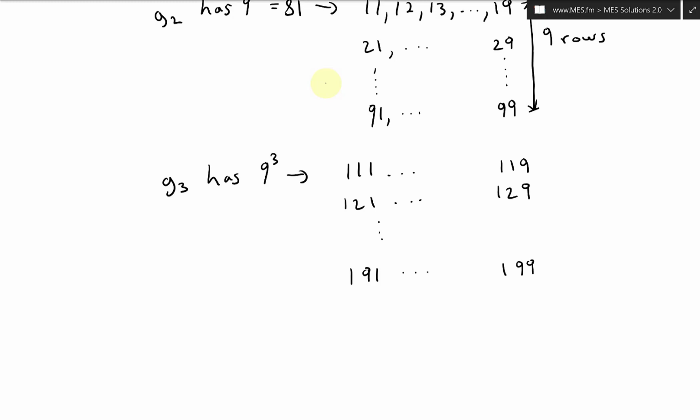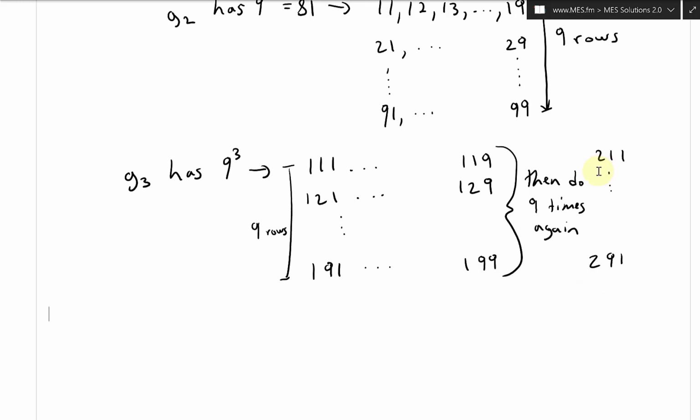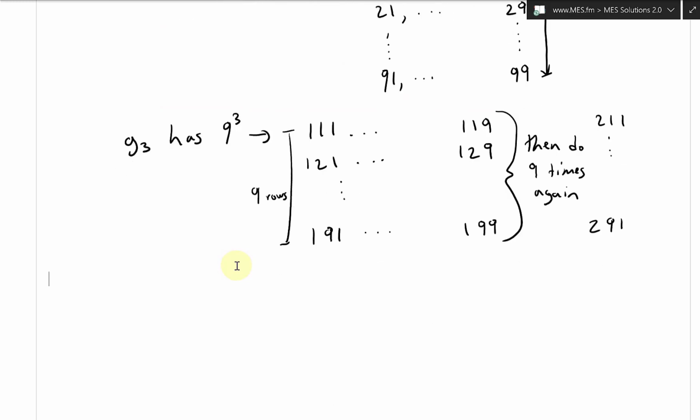And we have to do this again, starting from 211 all the way down until 291, and that's again 9 times. Do this 9 times total. So this is 9 times 9, and then times 9. And as you can see, this keeps expanding, and so on.